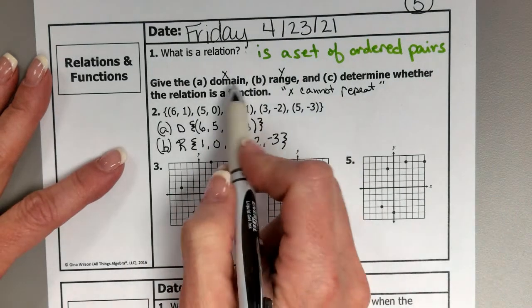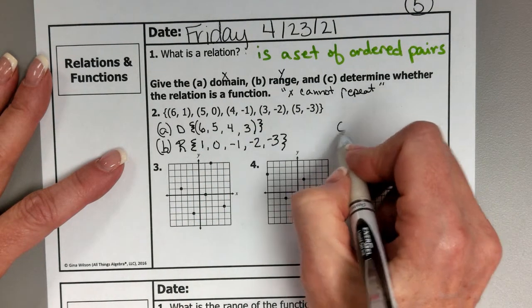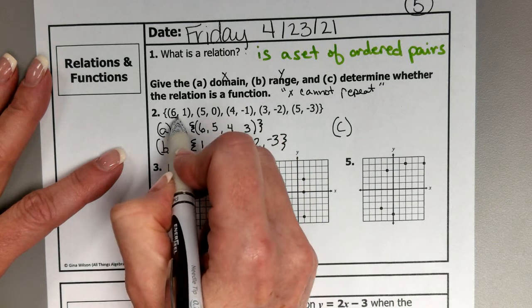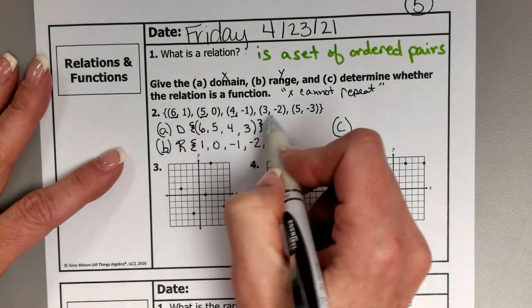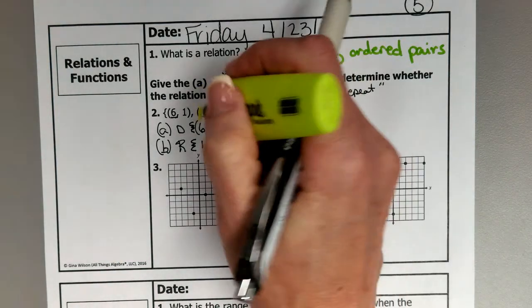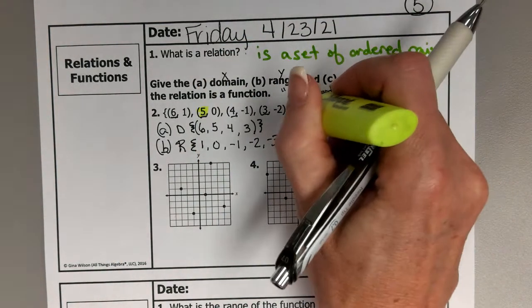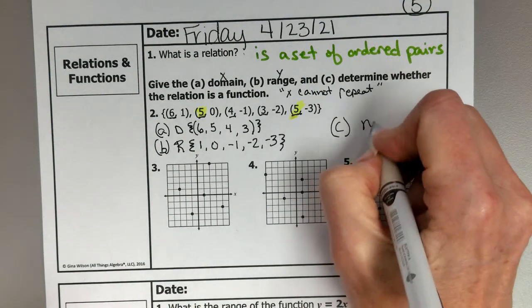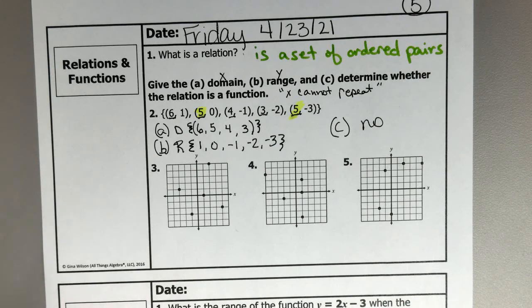So that answers the A, the B, and C says, is it a function? So if you look back at these originals, did we have an X that repeats? And yes, we did. The 5 repeats, so it is not a function. So no. Okay, that's what we're looking at. It is a relation, but it is not a function.